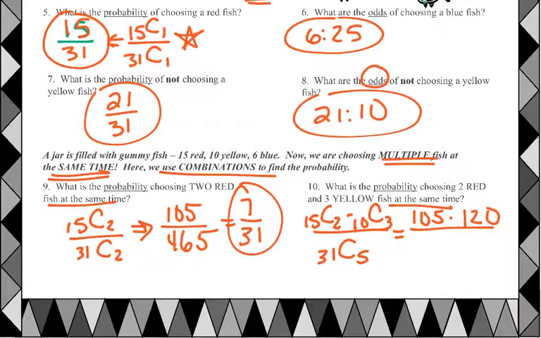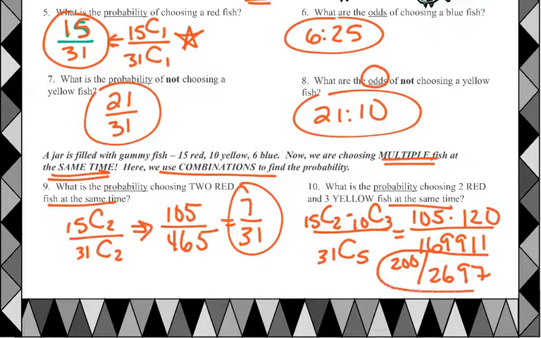And 31 C 5, yikes, 169911. So I can do this as a reduced fraction on my calculator. I'm just typing this in, and then I'm going to do math, change to frac. Math change to frac will reduce it for me, 200 over 2697.